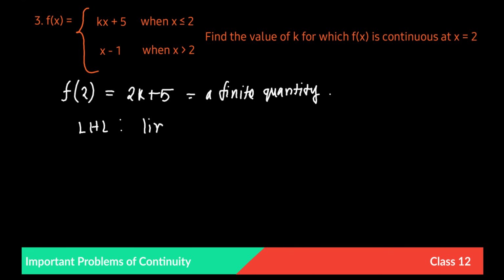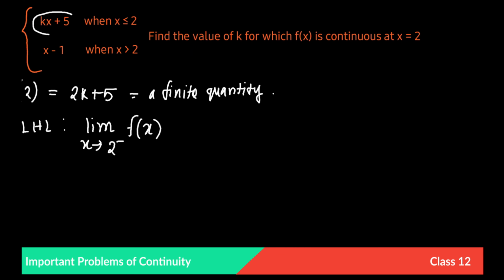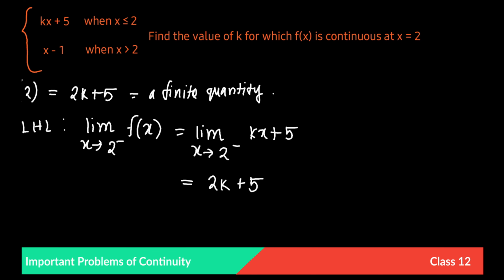LHL means limit x tends to 2 minus of f(x). So when it is less than 2, this function we will take. So it is limit x tends to 2 minus of kx plus 5. That means 2k plus 5.